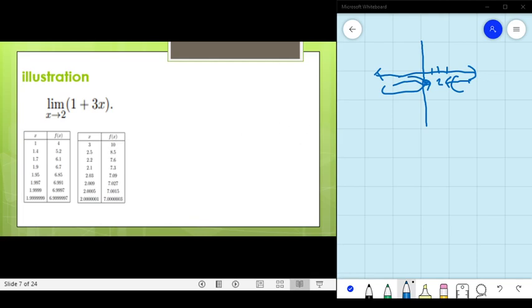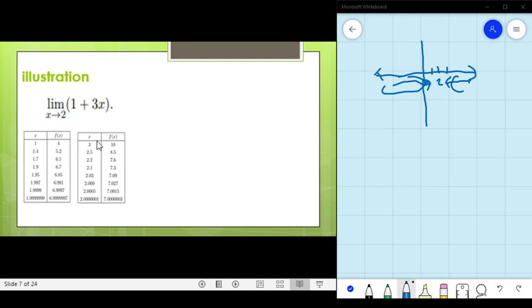So from the right, that's why we have 3, then 2.5, 2.2, 2.1, 2.03, and so on, 2.001, and so on, the closest to x which is equal to 2. So that is the assignment of the values of x.